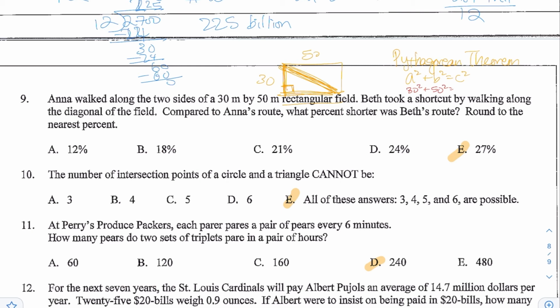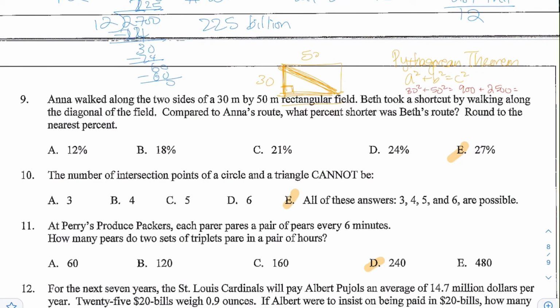So here, 30 squared is 900, and 50 squared is 2500, which is equal to 3,400. So then to figure out c, since c squared is equal to 3,400, c will be the square root of 3,400, which will be the square root of 34 times the square root of 100, which is 10 root 34.